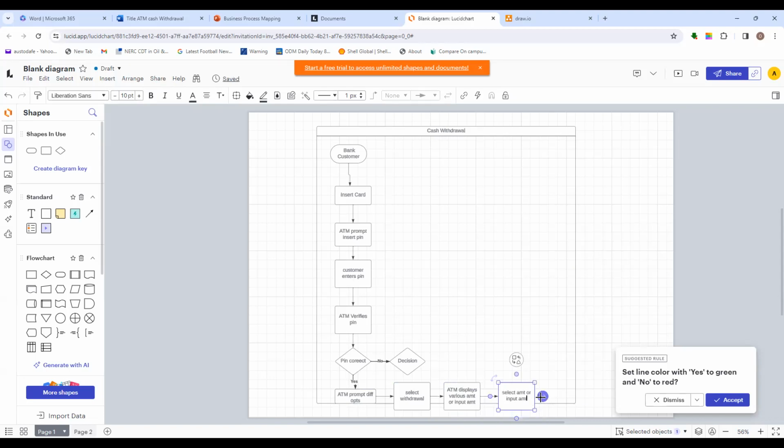After this, what next? The ATM verifies if the balance is sufficient to pay. That's a decision.